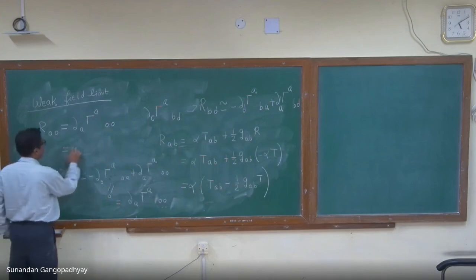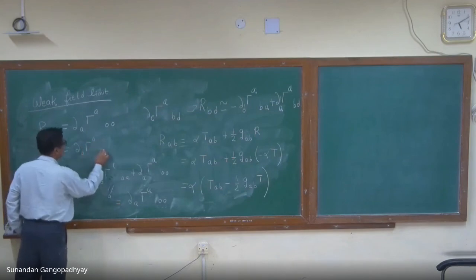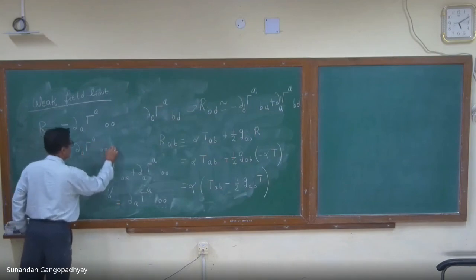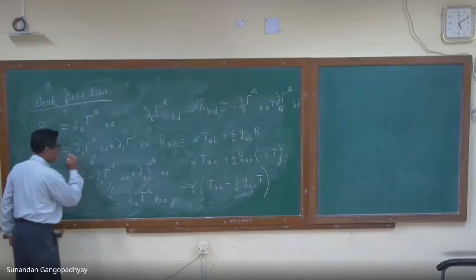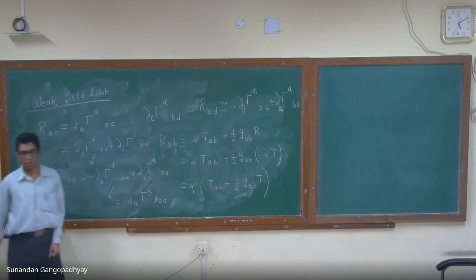Now this you can write as del_i gamma^i_00. Static. R00 is nothing but del_i gamma^i_00.